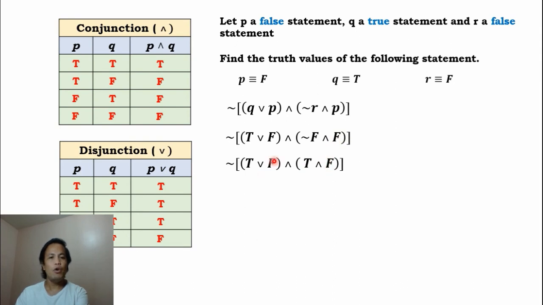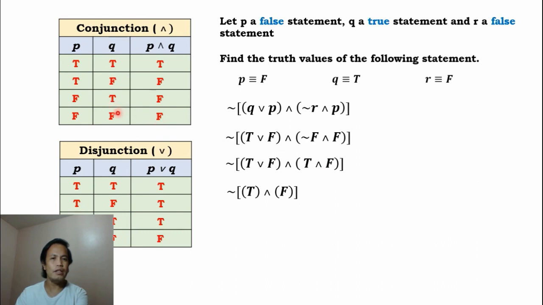Then this time, we find the truth value of this statement, which is a disjunction. So this is true or false. This falls under this row. True or false, then the whole statement is true. So we have the negation, so this statement is true, then we copy the and. This time we have true and false. So this is a conjunction.